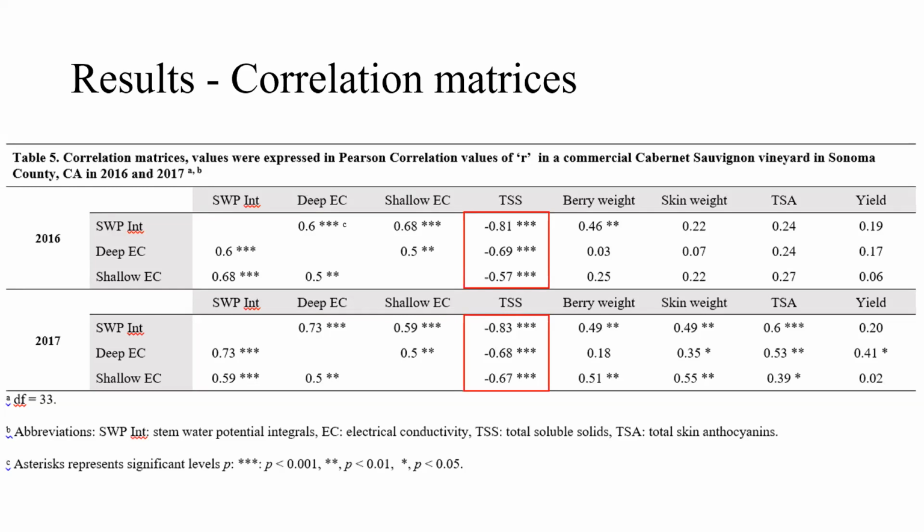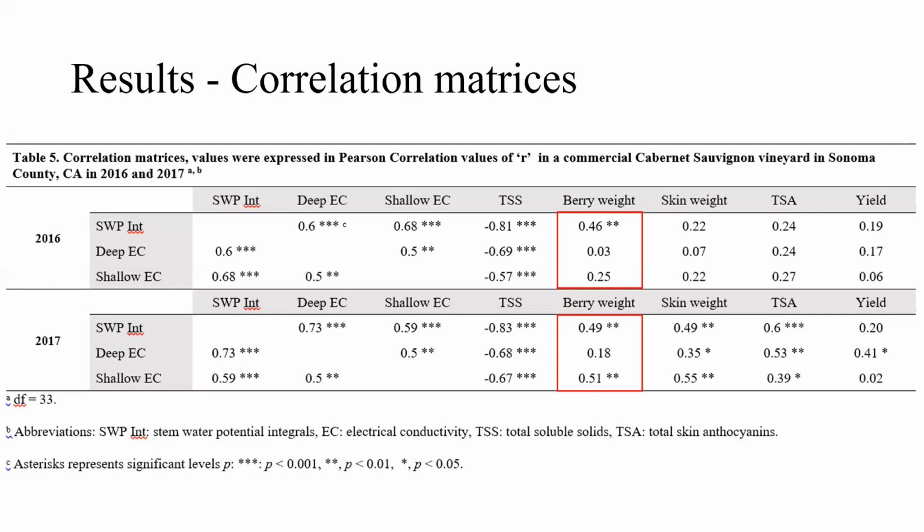In 2016, stem water potential showed a positive correlation with berry weight at harvest. No significant correlation was observed between soil ECA and berry weight. However, shallow soil ECA showed a positive correlation with berry weight besides stem water potential in 2017.